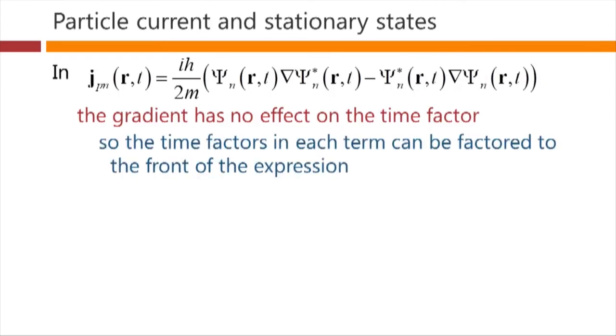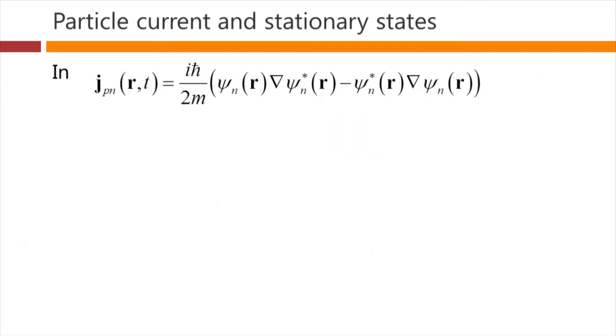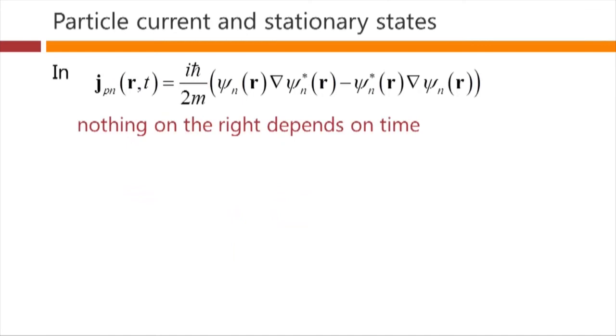So the time factors in each of these terms can simply be factored out in front of the whole expression, and they multiply up to unity. So taking the time factors from both of these, we can bring them out front here, and these just multiply to unity. So in our energy eigenstate of any system, then we can write down what the particle current density is. In this expression that we have then, there's nothing on the right here that depends on time.